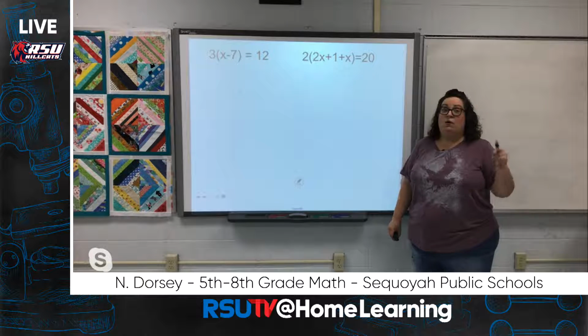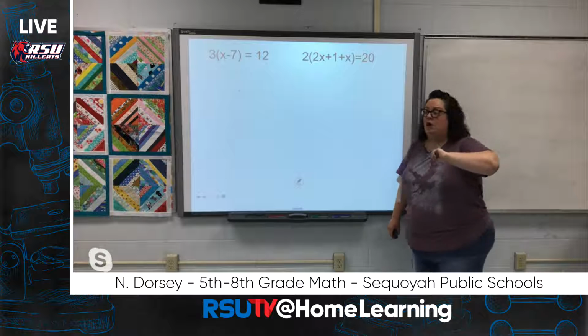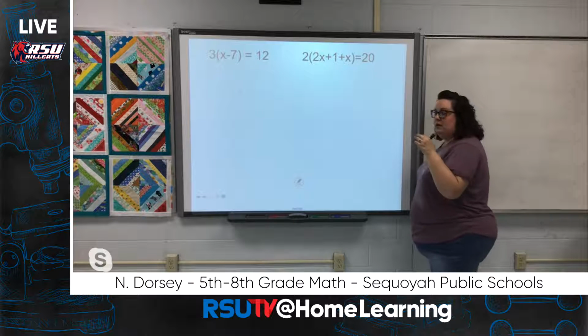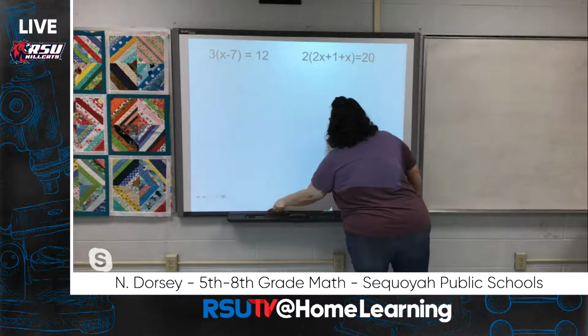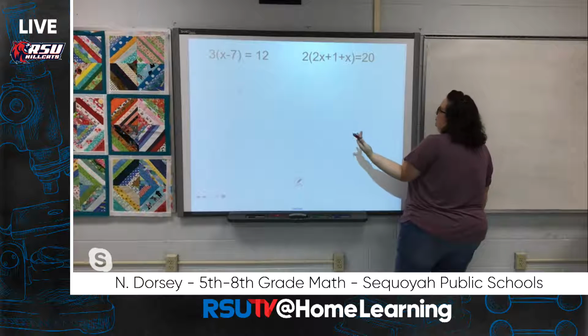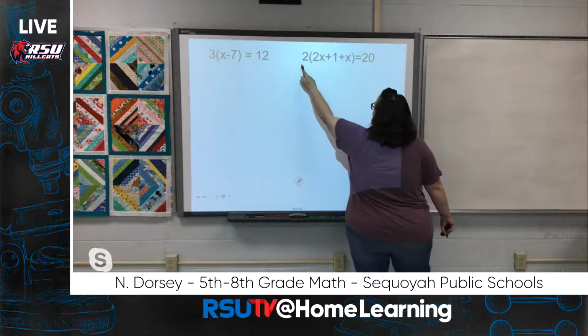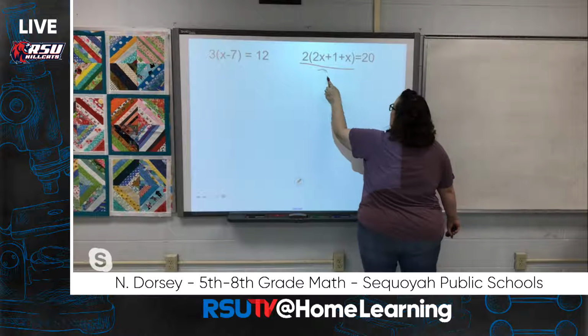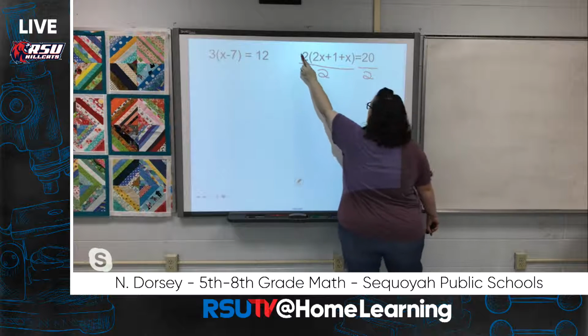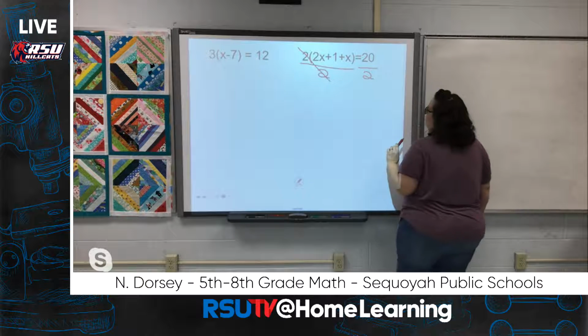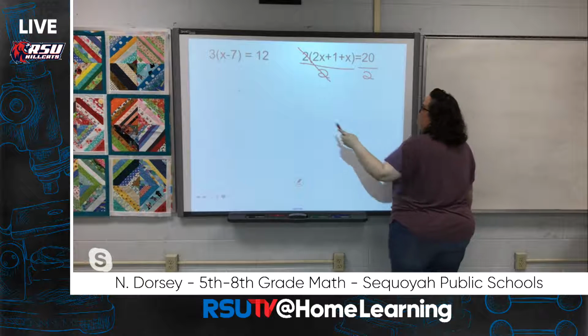And I'm going to tell you that is the long way. Parentheses also mean what? Multiplication. Very good. So what's the opposite of multiplication? Division. So why can't I just divide both sides by 2 to get rid of that thing on the outside? I can. It's a beautiful thing.